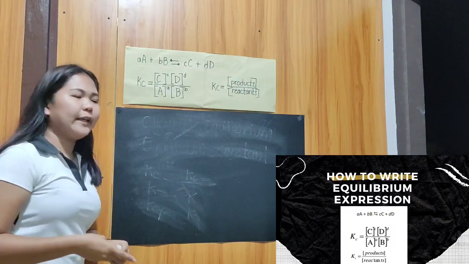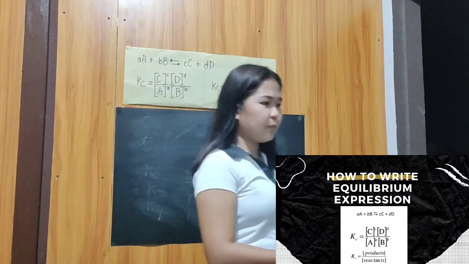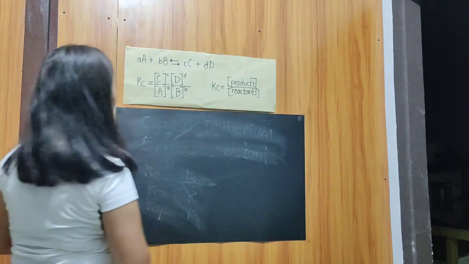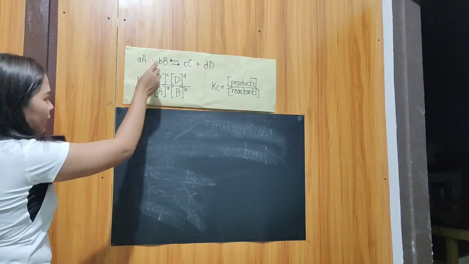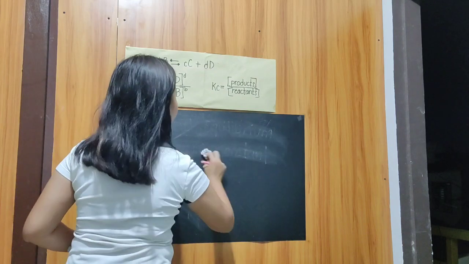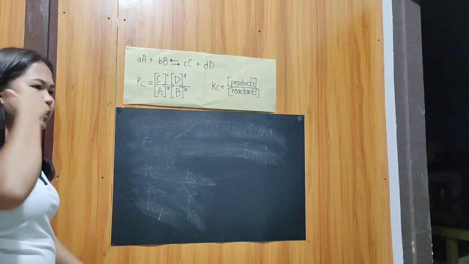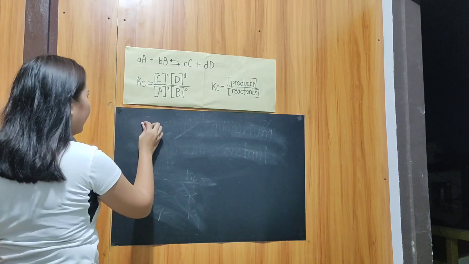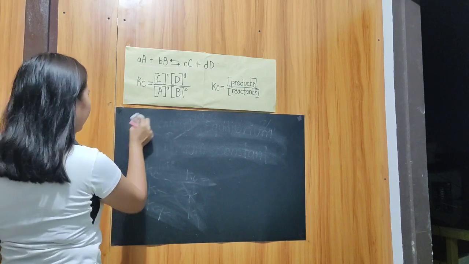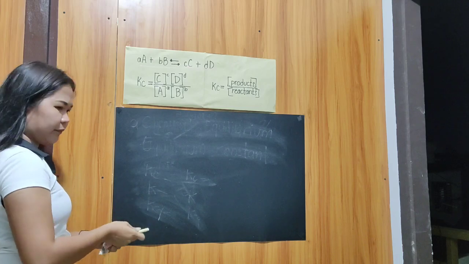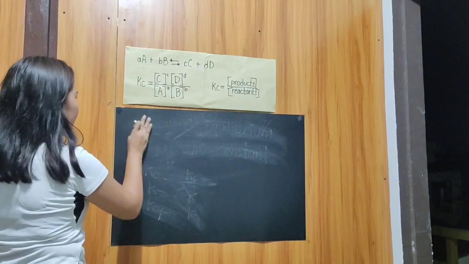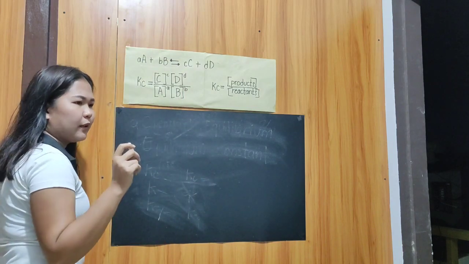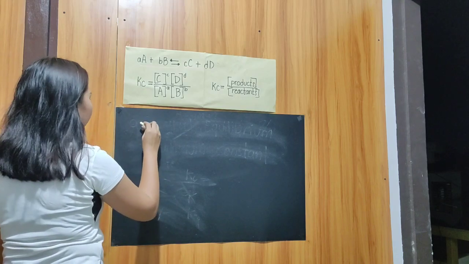So, how to write the equilibrium constant expression? Okay, so, as you can see here, this is the equation. This is how you write the equation of the equilibrium constant expression.